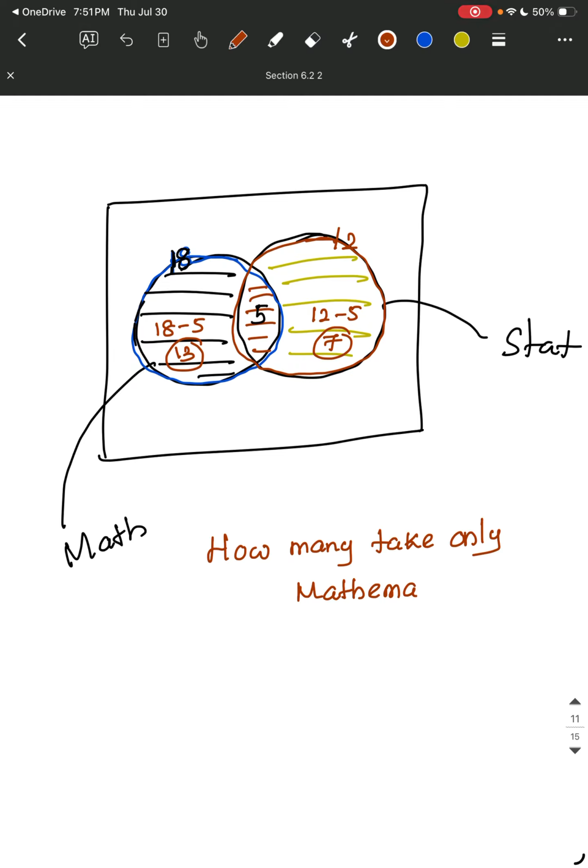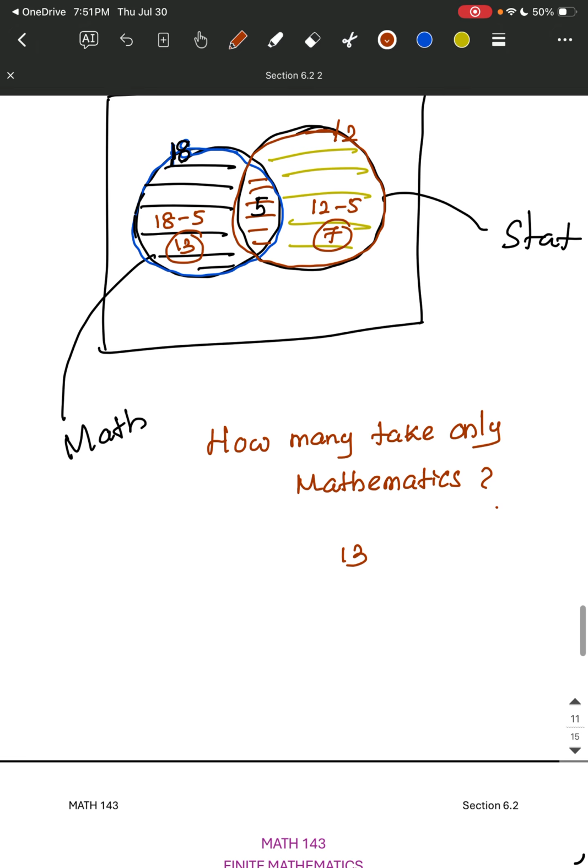There are 13 students, 18 minus 5. So, 13 students take only mathematics. How many take only statistics? There are 7 students who take only statistics.